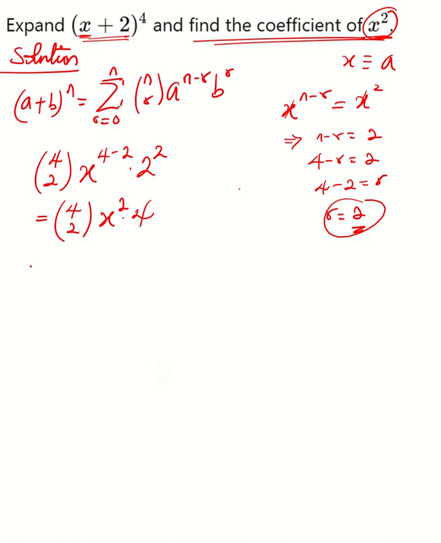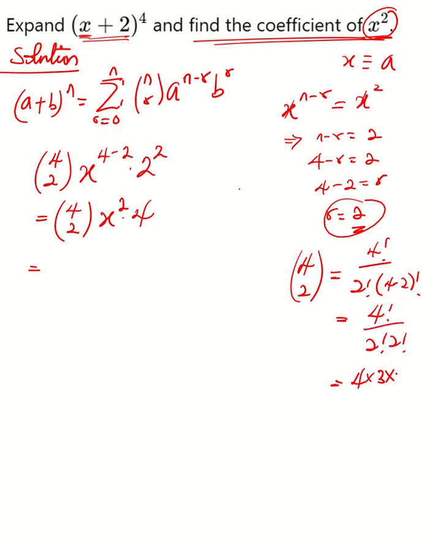Evaluating 4 combination 2 by the formula we saw in the previous slide, that is 4 factorial over 2 factorial times (4 minus 2) factorial. This gives 4 factorial over 2 factorial times 2 factorial, which is 4 times 3 times 2 factorial over 2 factorial times 2 factorial. 2 factorial cancels 2 factorial. 2 factorial in 4 is 2, and 2 times 3 is 6.